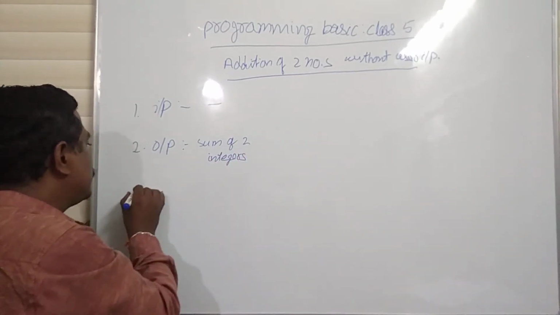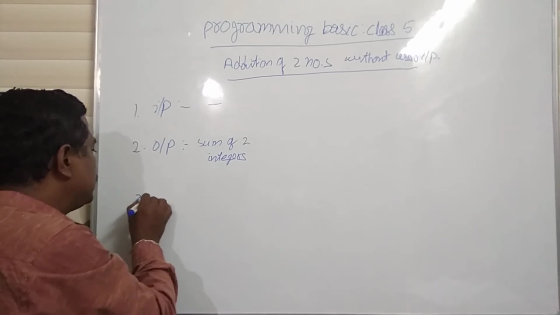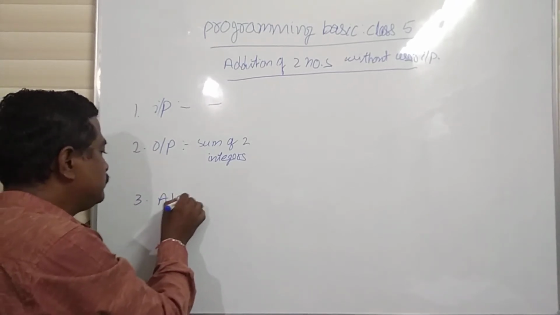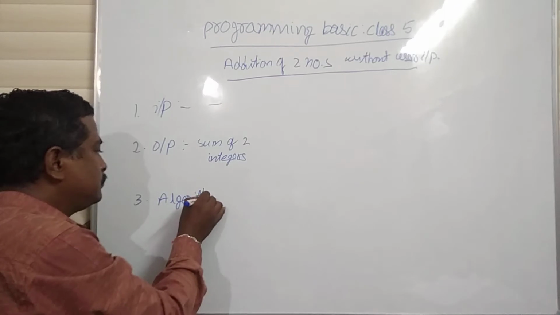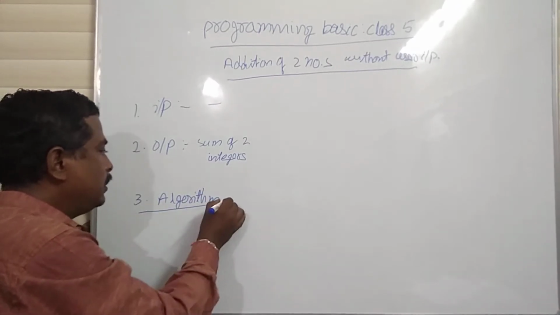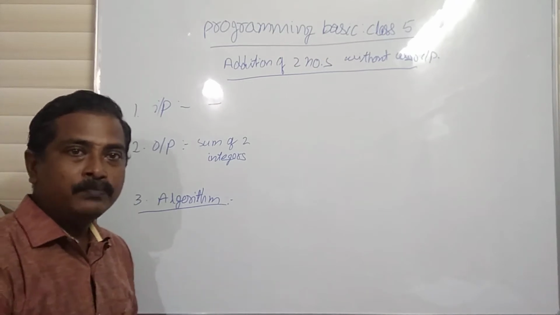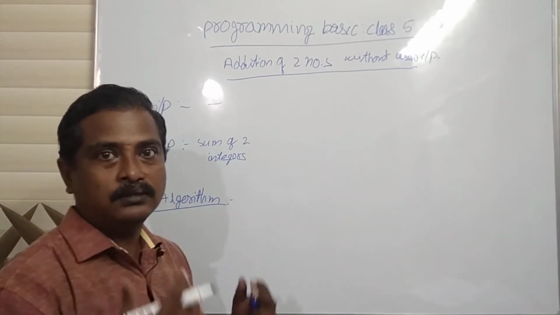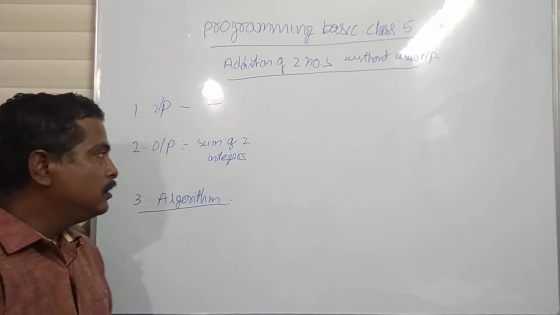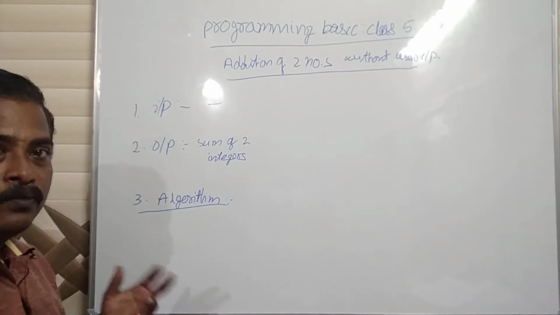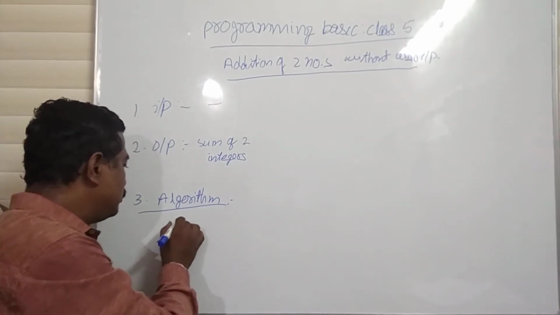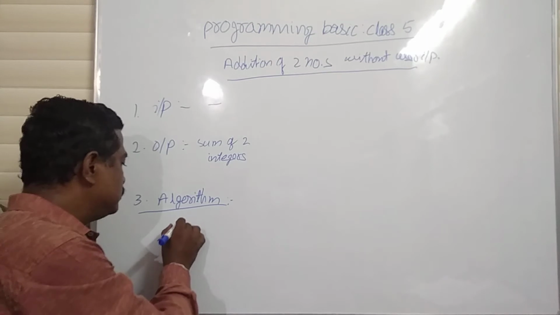Now let us write the program or algorithm. Step 3, algorithm. Algorithm is nothing but the step-by-step representation in the English language. To add two numbers, step 1 always starts.